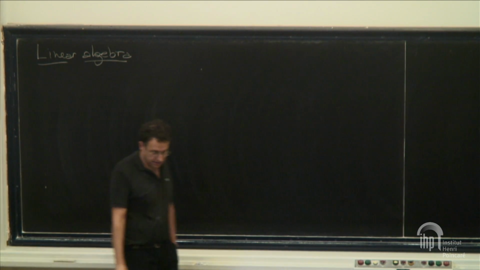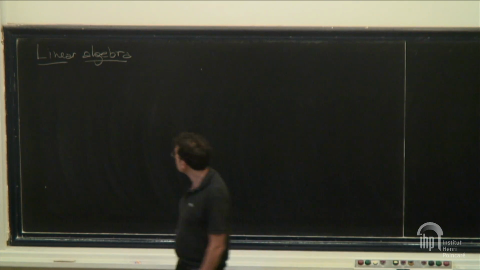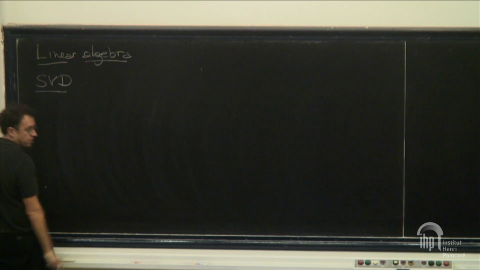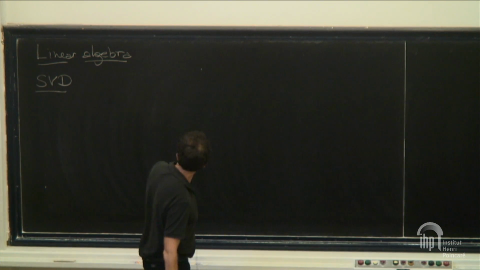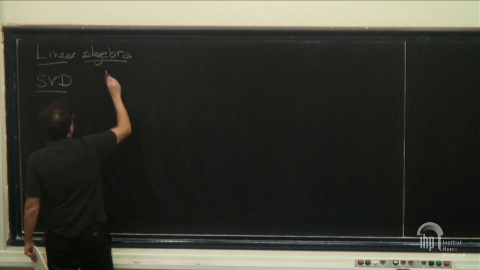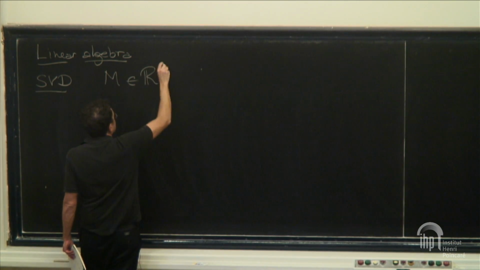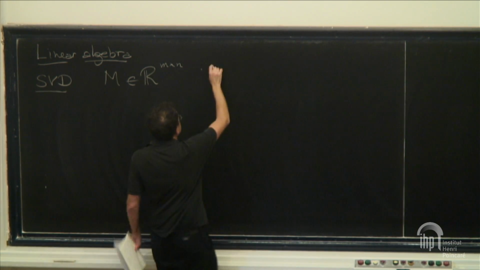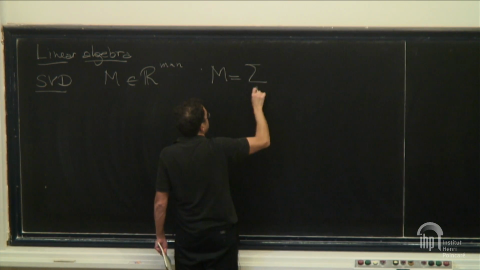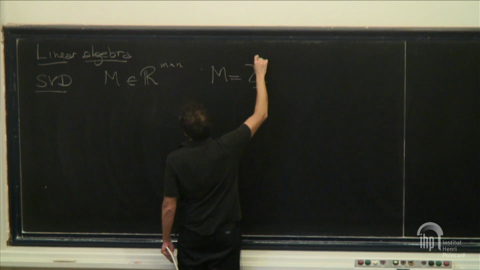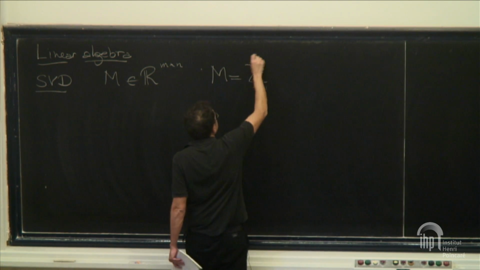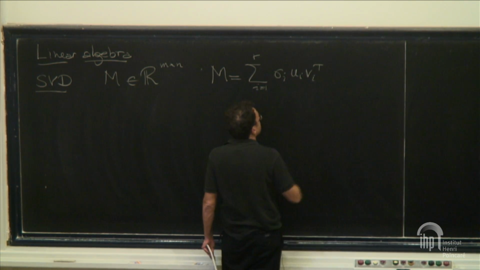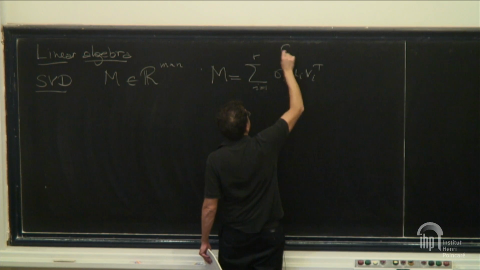A very quick reminder. The first thing that we use a lot is, of course, the singular value decomposition. So you have a matrix M. And we all know the singular value decomposition has the form sum over i from 1 to R of sigma_i u_i v_i transpose, where the sigma_i's are the singular values.